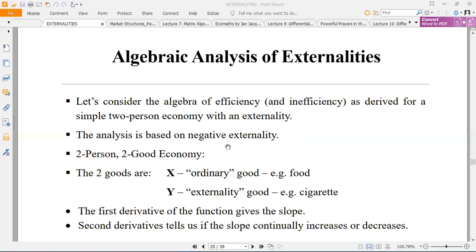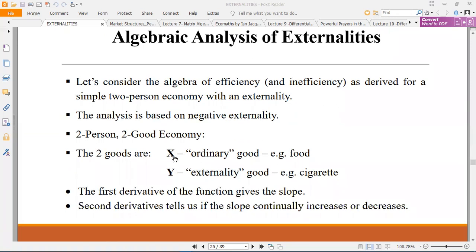So we have two people, and then we also have two goods. We have good X and then good Y. Good X is an ordinary good. It's ordinary because it doesn't generate any externality here. So we are taking, for example, food. Okay, it doesn't generate any negative externality. Then Y is the good that causes the externality. So we're taking an example as cigarette.